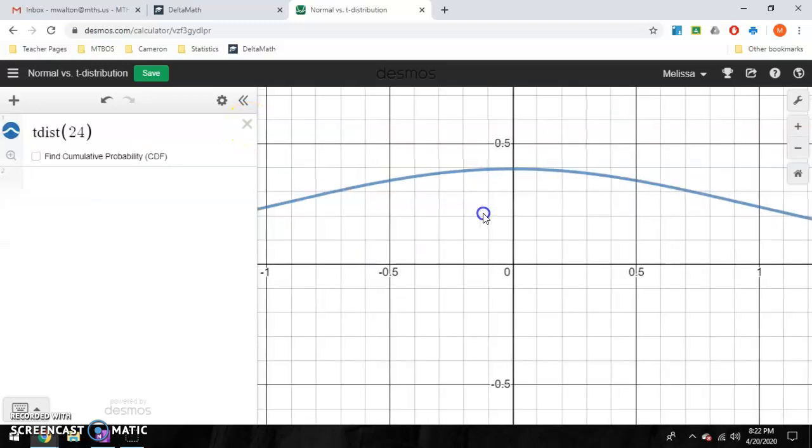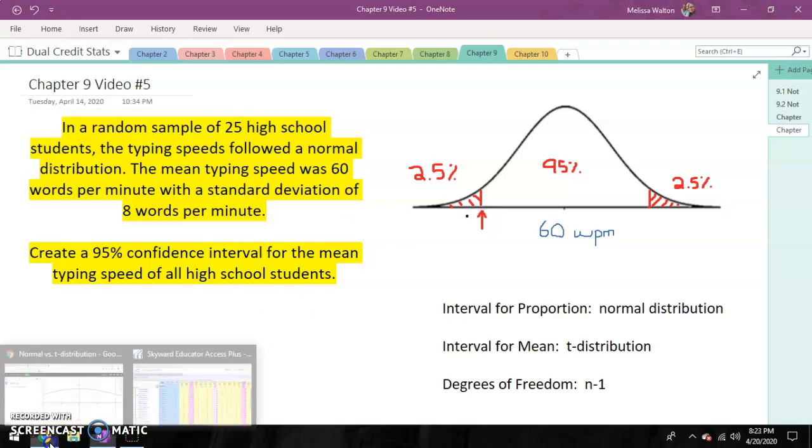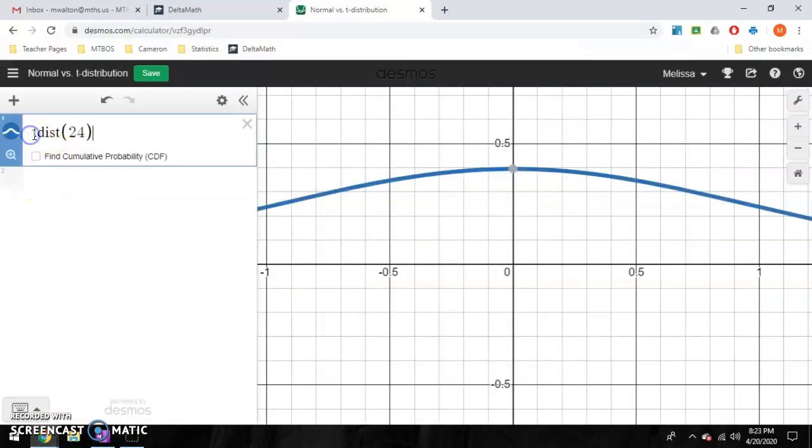All right, so now that we have our t-distribution with 24 degrees of freedom, since 25 high school students were sampled, let's go ahead and find what t-score is my critical value here. So first thing, you need to name your distribution.